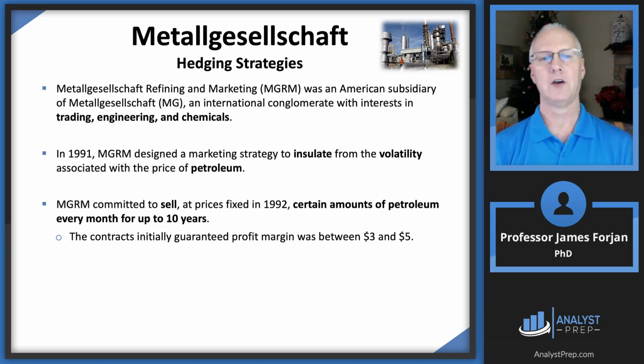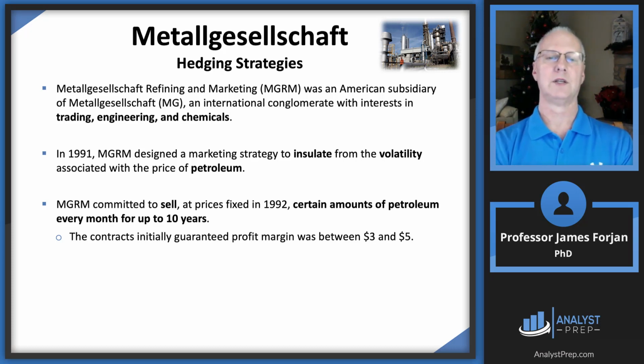And so any good manager in a commodity firm is going to be aware of the value of derivative securities. This company, known as MG throughout the world, tried to insulate itself from the volatility associated with these commodities, in particular the price of petroleum.